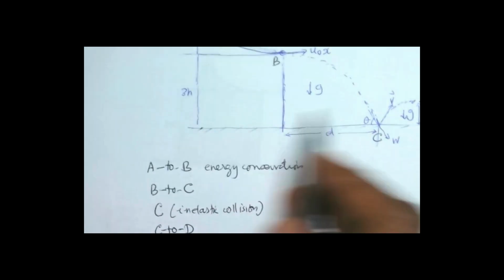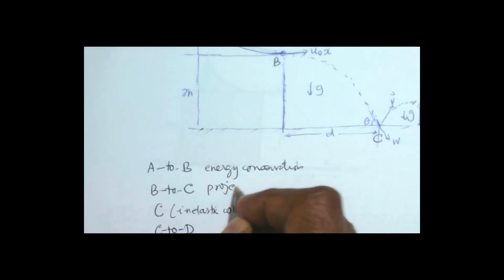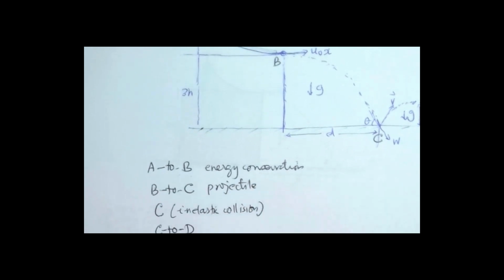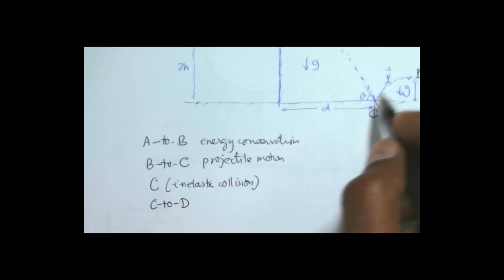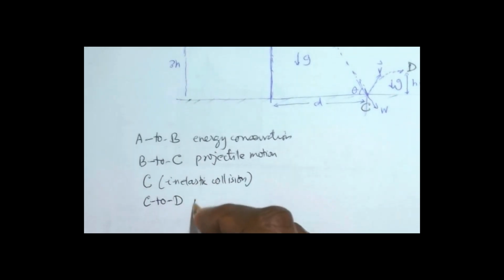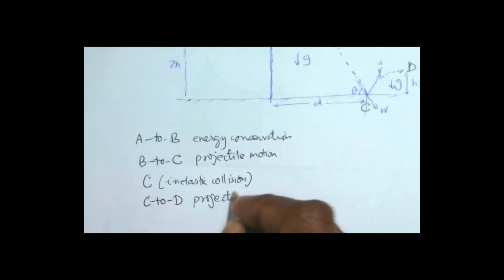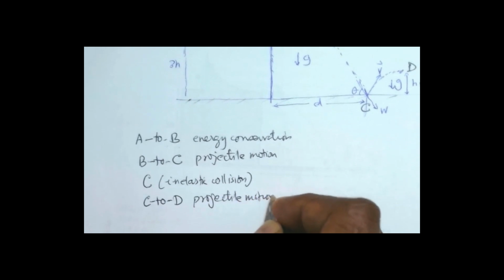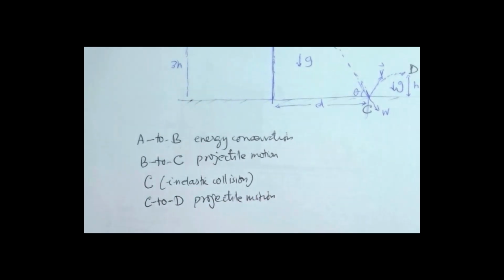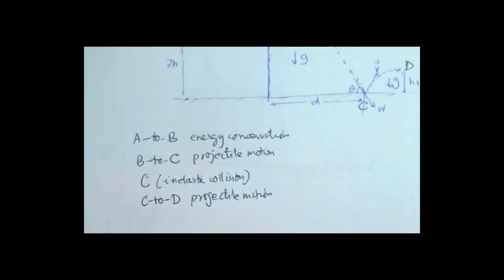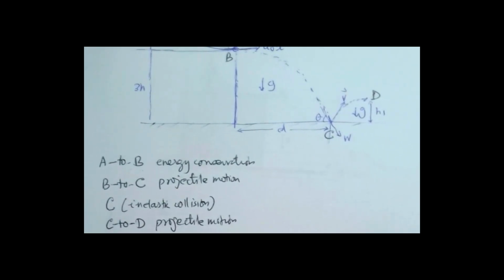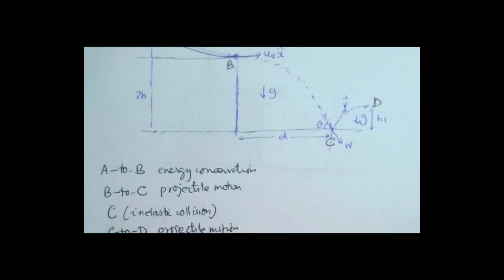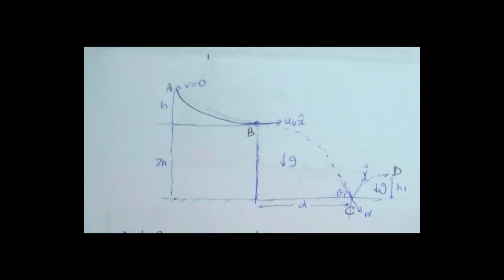B to C will be projectile motion, and C to D will be projectile motion or free fall in 2 dimensions, right? So you probably have to do this in like 2 to 3 minutes, if it's a relatively simple problem.